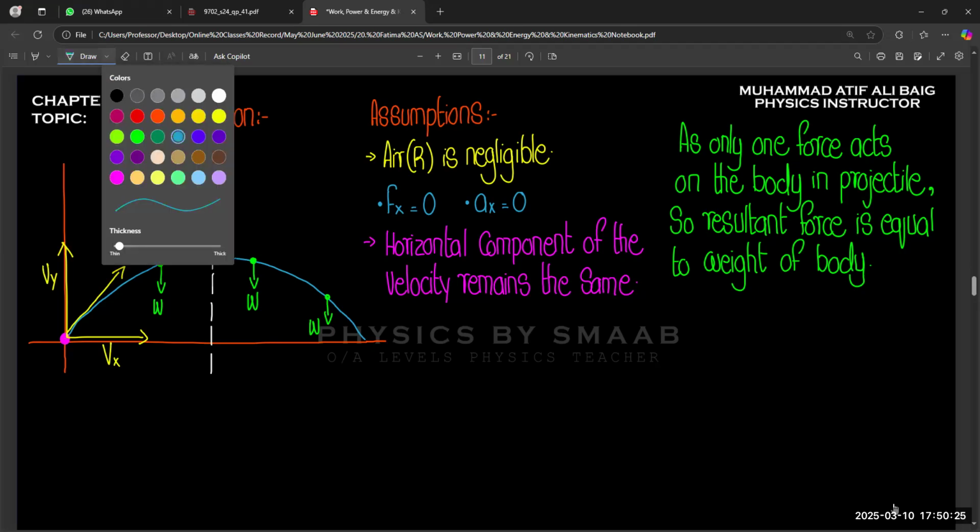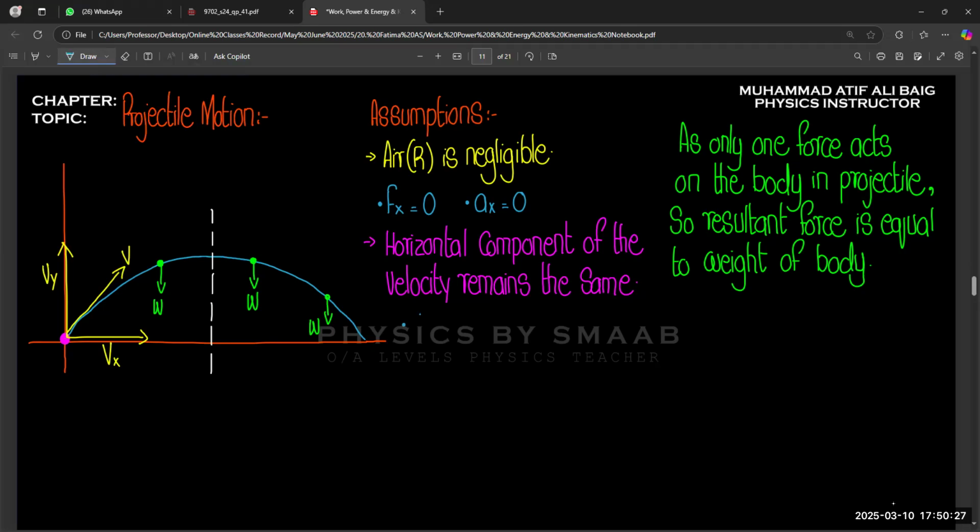In the vertical component, only the weight of the body is acting. It is constant.